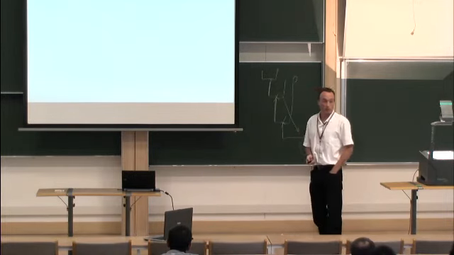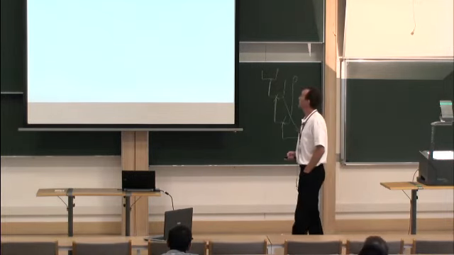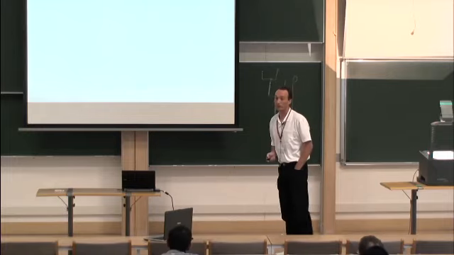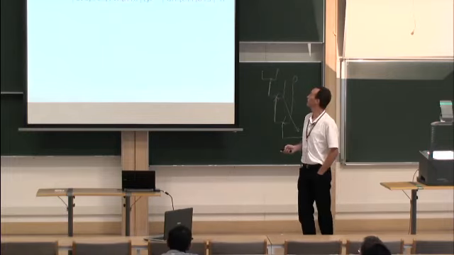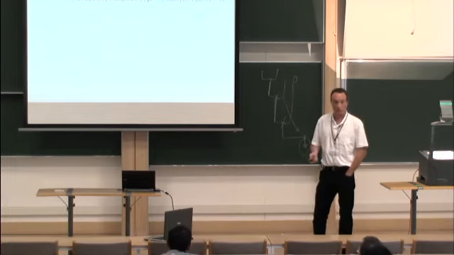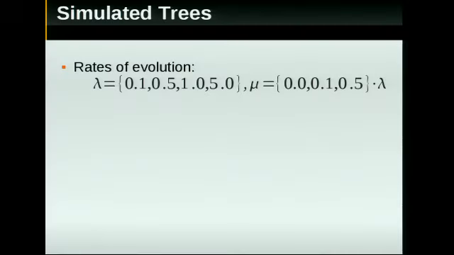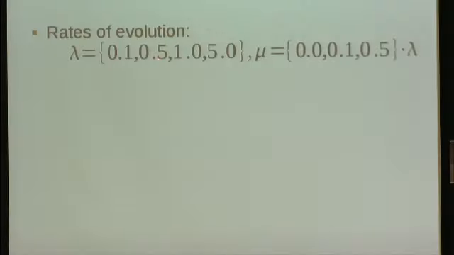Well, how well does that work? First, to try to get an idea of how close we can get to the original values, we use simulations. Again, we use the standard birth and death model and different values of lambda and mu. I used 4 different values of lambda, 0.1, 0.5, 1.0, 5.0, and for each of these I used 3 different values of mu: 0, 10% of lambda, and 50% of lambda.